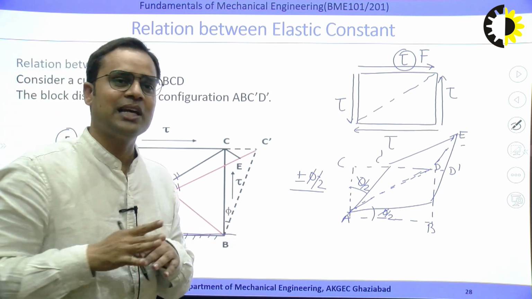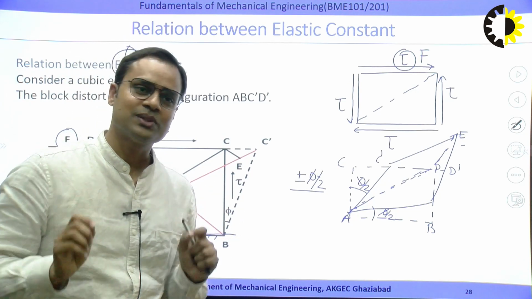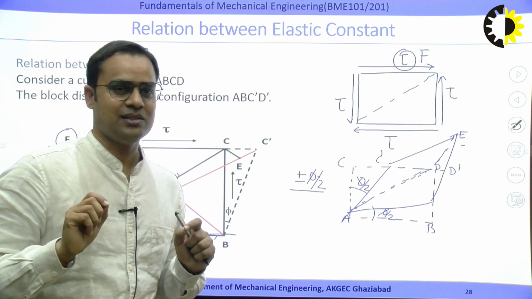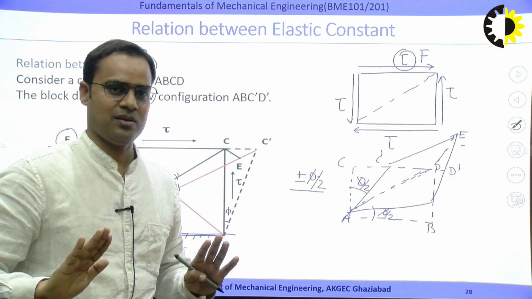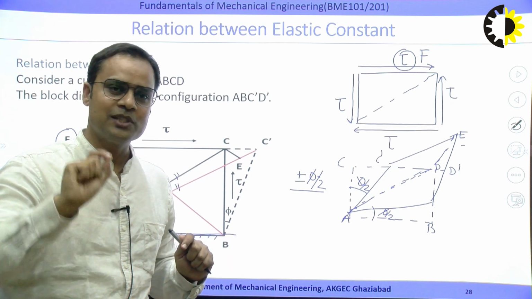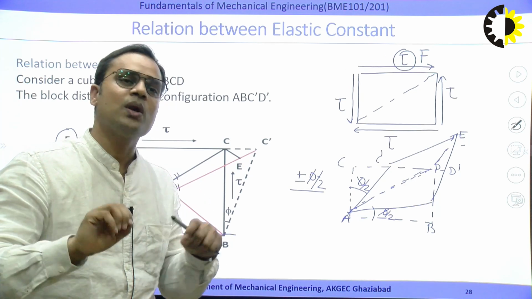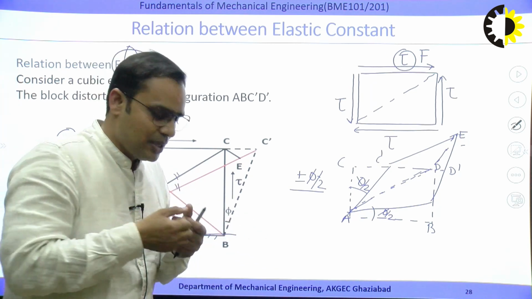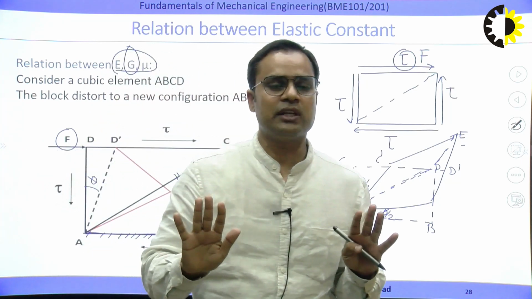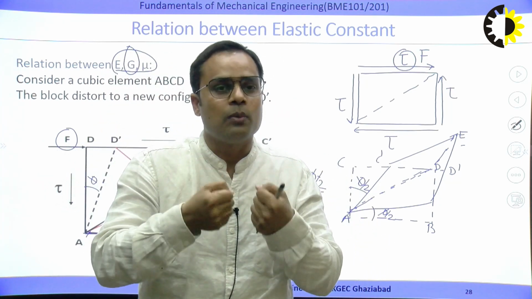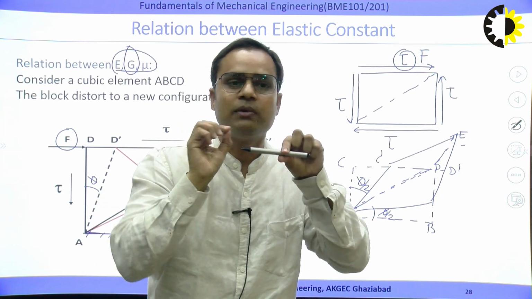If the length of the diagonal increases, it means it is under tensile force. It means whenever we apply the shear load on any block, there is a plane at 45 degrees under pure normal load, because the length of the diagonal is increasing and there is a possibility of increase of the length due to the normal load. How does the length of any member or block increase?